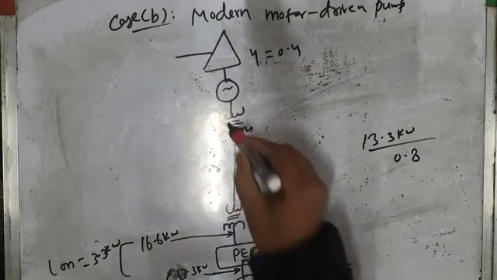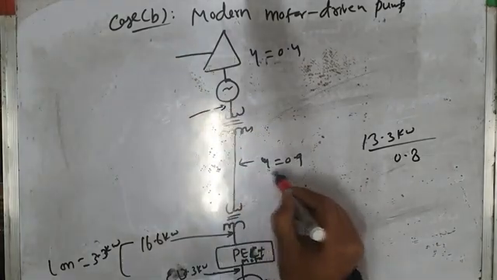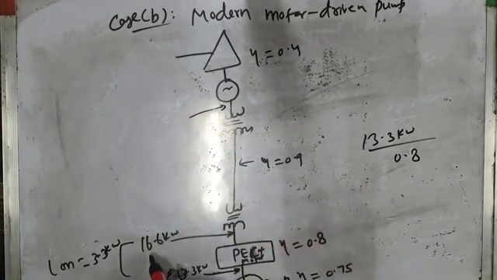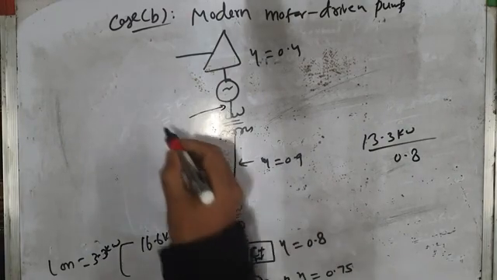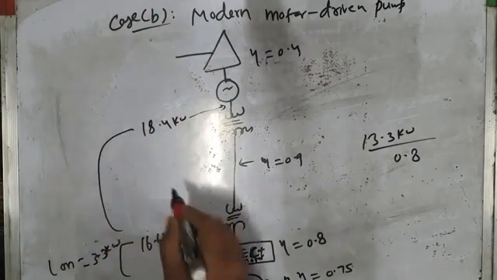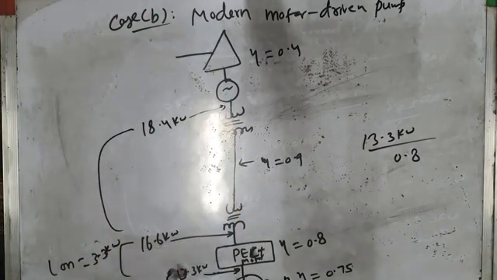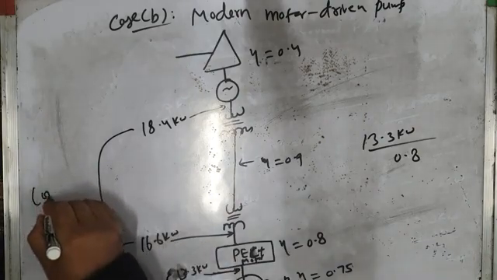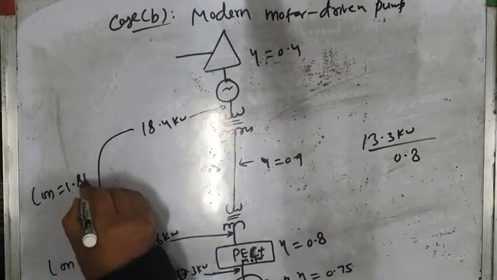And then what is the input to the transmission line? Output by efficiency. Output is 16.6 by efficiency is 90%. So it is 18.4 kilowatt. And how much is the loss? 18.4 minus 16.6, it's around 1.8 kilowatt. Loss is only 1.8 kilowatt.